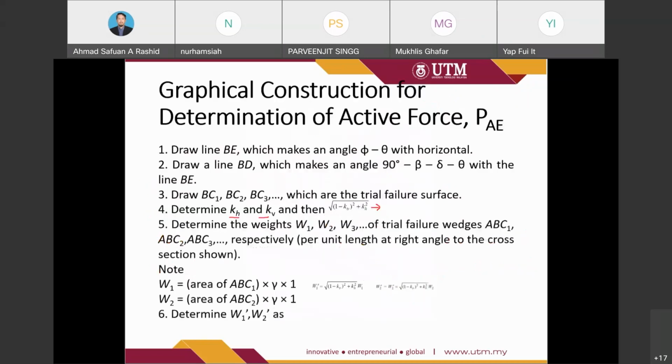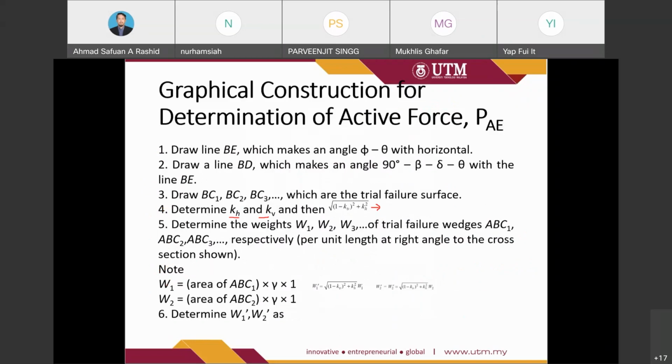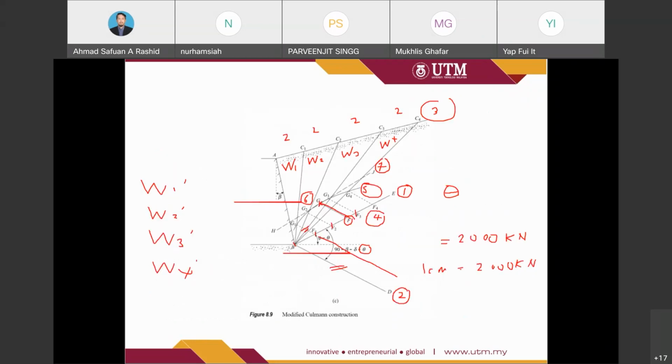This F value actually is the force of PAE. Then get the distance from B to F and apply the scale to get the value of the PAE.